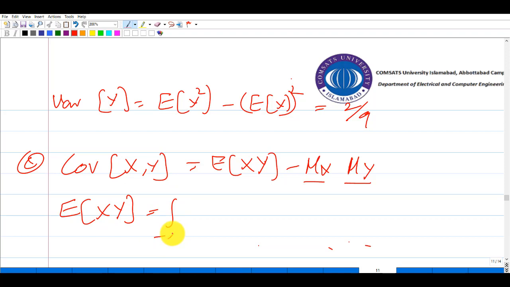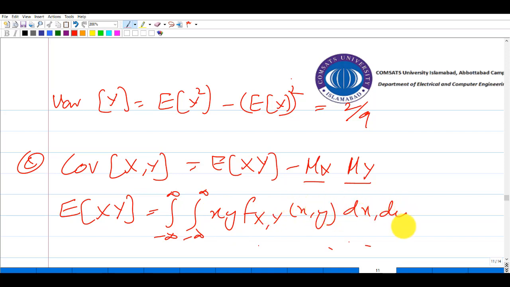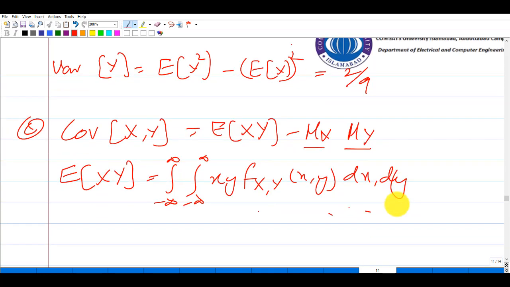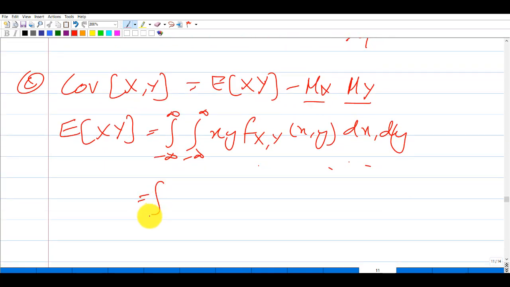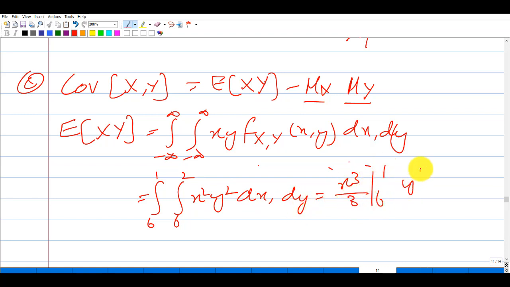So that will be the double integral from minus infinity to infinity of xy f xy dx dy. This will be the integral from 0 to 1, 0 to 2 of x square y square dx dy, which comes out to be x cubed by 3 from 0 to 1 times y cubed by 3 from 0 to 2, so it would be 8 over 9.